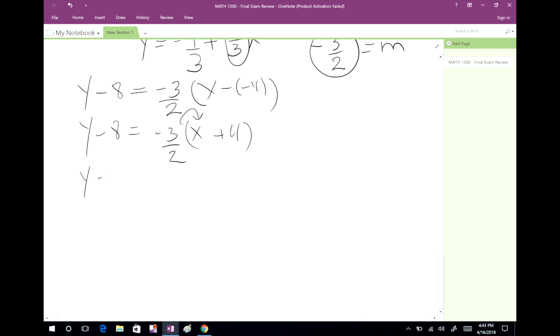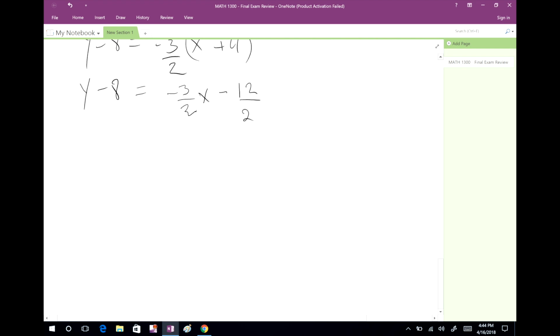y minus 8 equals negative 3 over 2 x minus 12 over 2. Okay, y minus 8 equals negative 3 over 2x minus, this just becomes a 6.